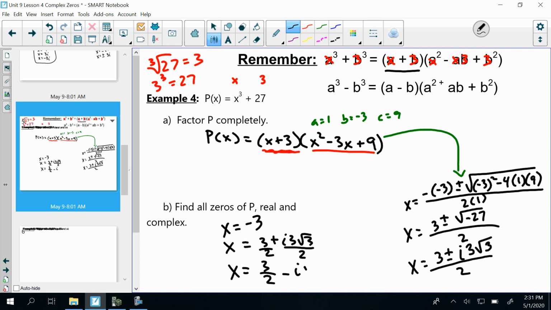Okay, so now to write that out in factored form, we want to write all three of those. So we get this x plus 3. We also have the x minus this one.